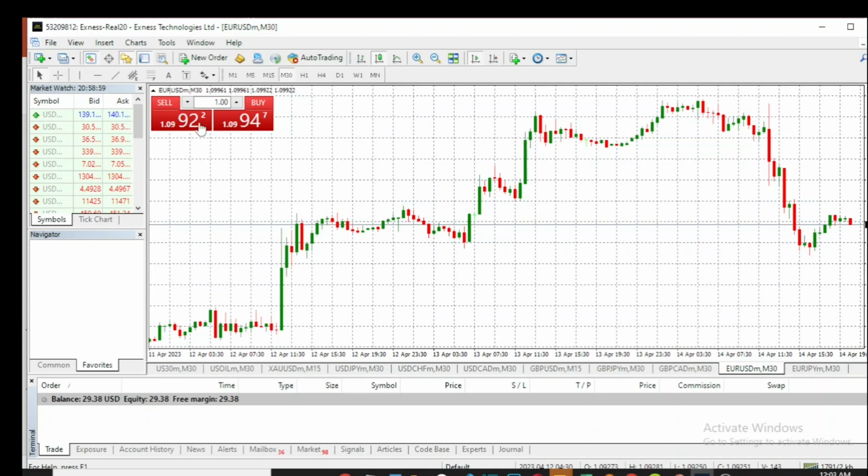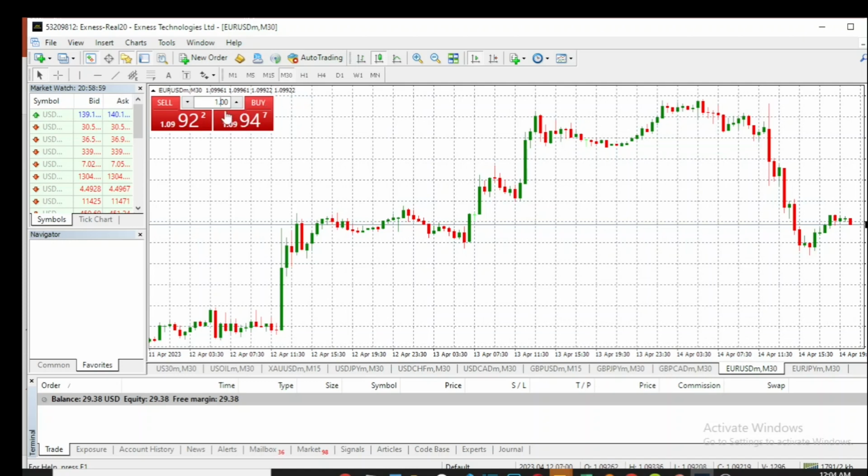As we have said, the lot size determines the value of your pip, so you have to trade carefully. You need to take this topic as important, because it determines how we are going to make money.